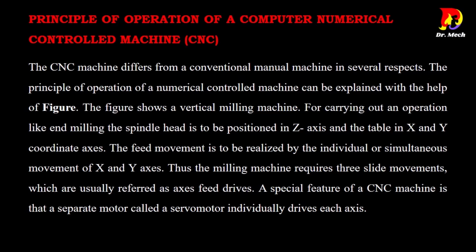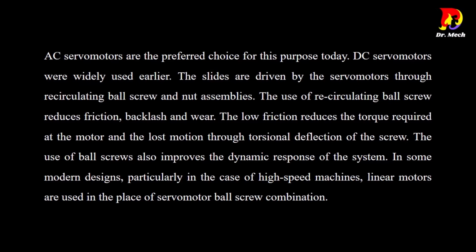A special feature of a CNC machine is that a separate motor called a servo motor individually drives each axis. AC servo motors are the preferred choice for this purpose today. DC servo motors were widely used earlier. The slides are driven by the servo motors through recirculating ball screw and nut assemblies.